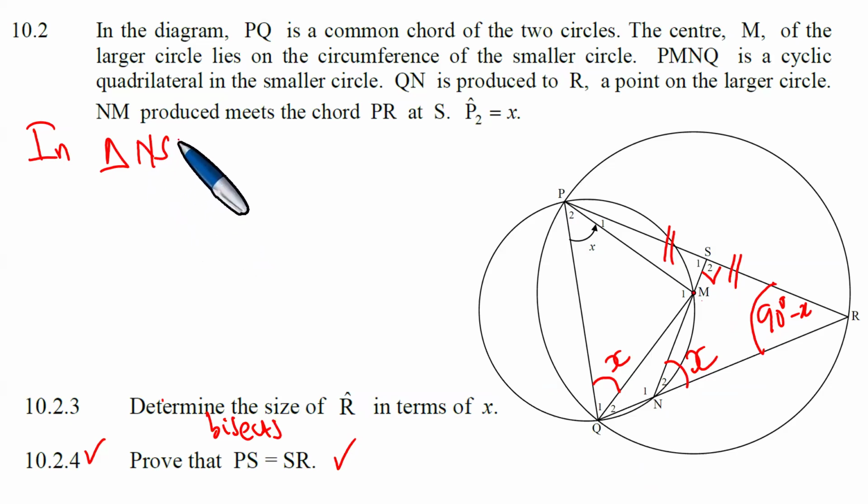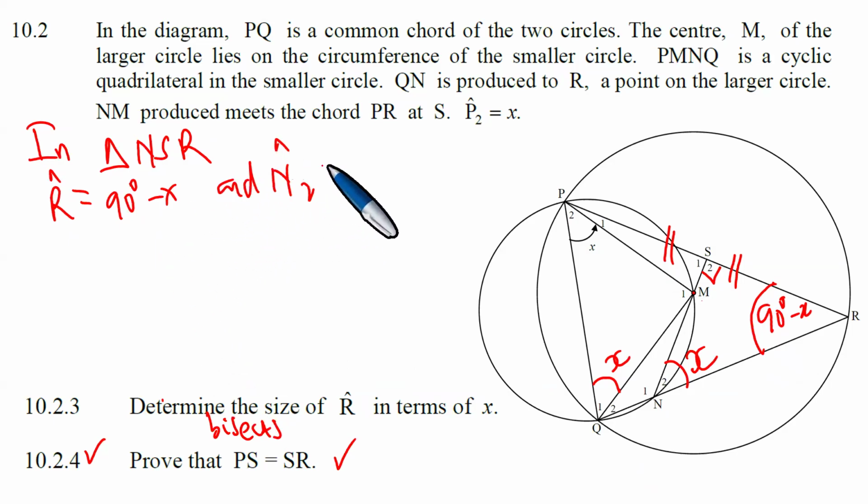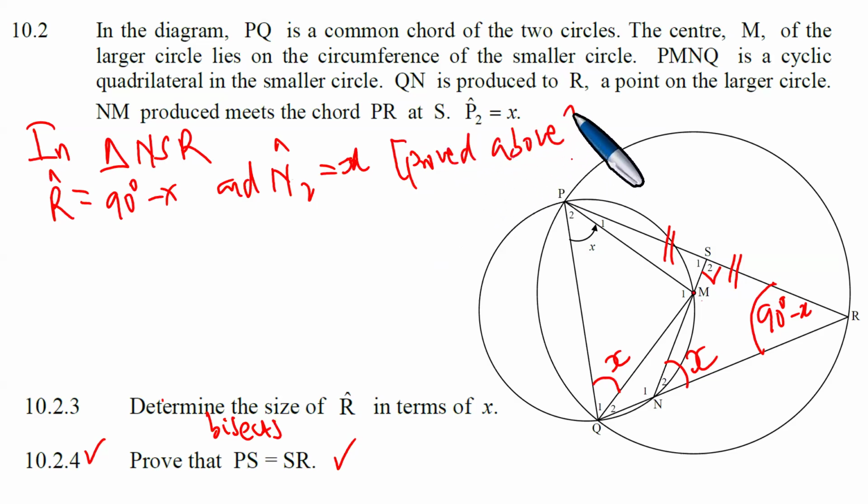So we tell the examiner, in triangle NSR, you must just prove that one of these angles or both angles are 90 degrees each. So you're going to say the angle R equals 90 degrees minus X. That's proven there. But also the angle N2 is X. This was proved above. So you have X and 90 degrees minus X. We move forward to the next question.